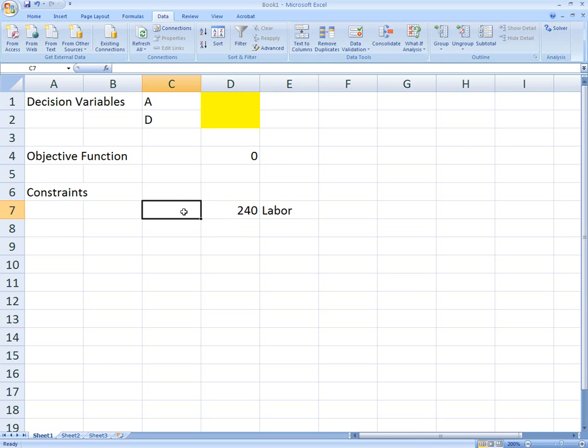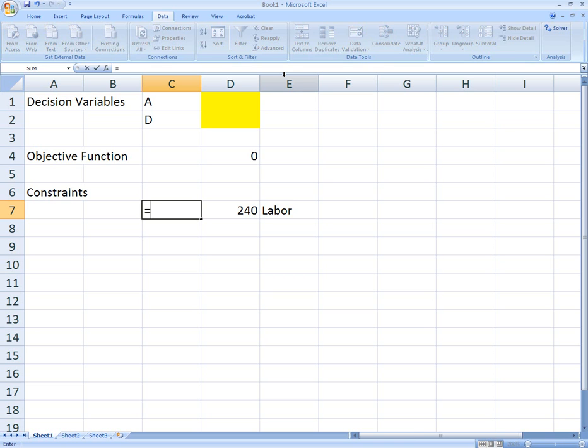Now in cell C7 I want a formula that computes the amount of labor I use for a given product mix. Well, I know that for every pair of athletic shoes I need a half hour of labor, and for every pair of dress shoes I need a full hour of labor.